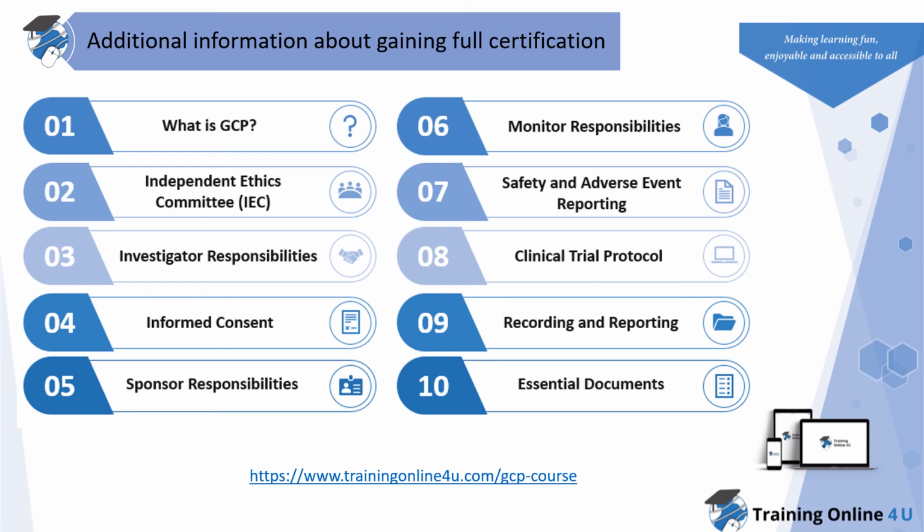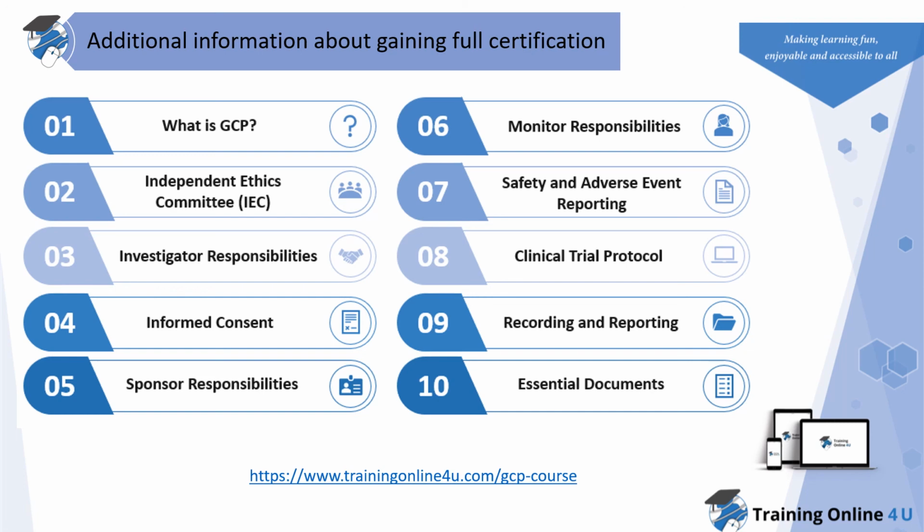Chapter 7 will focus on safety and adverse event reporting. So this section will focus on patient safety, the reasons for and elements of safety reporting, and what to do when adverse events and serious adverse events or SUSARs occur. Chapter 8 will focus on the clinical trial protocol, so this will look at the protocol structure and content and also the investigator's brochure.